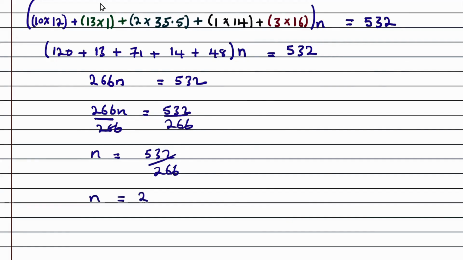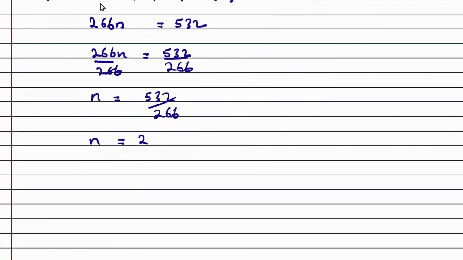So having got the value of n as being 2, we are going to have the molecular formula being equal to the empirical formula in brackets here, which is C10H13Cl2NO3, multiplied by n.